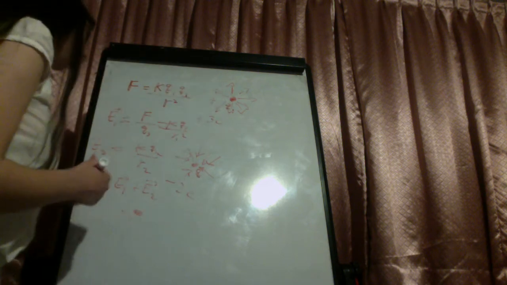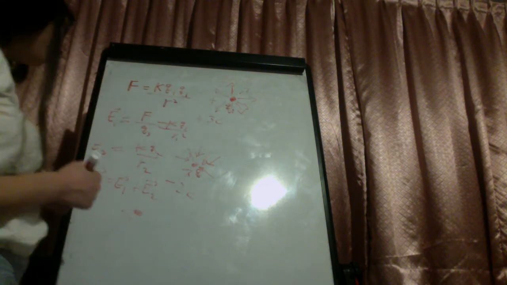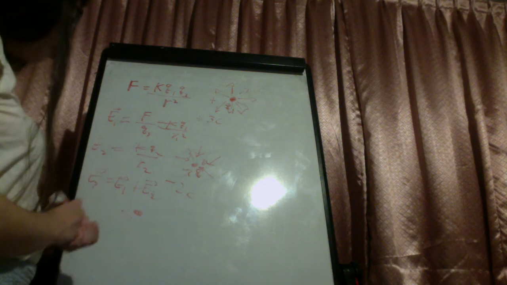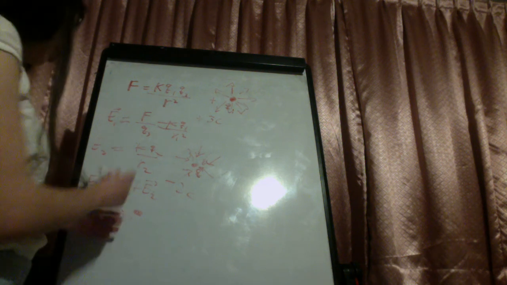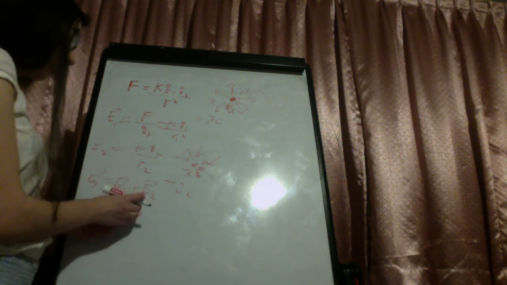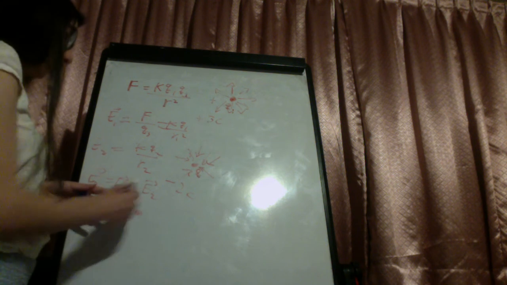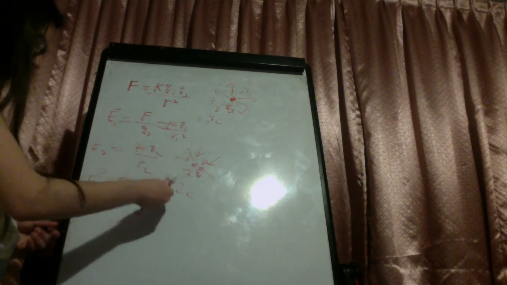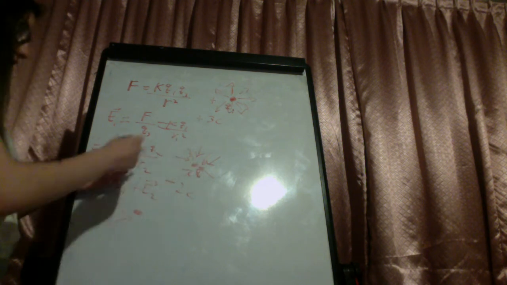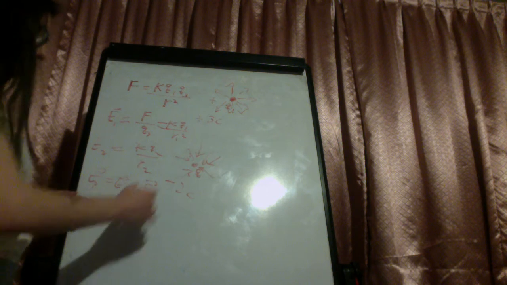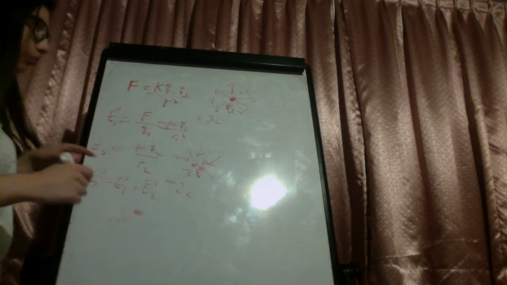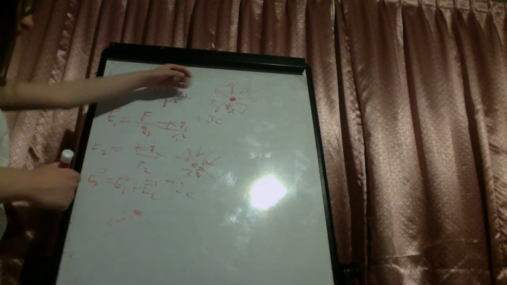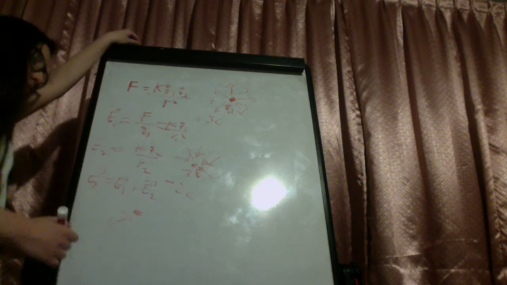But if we are talking about a small distance, like for example this, there is a point in which this charge would not be moving, because it tends to move in this direction because of the repulsion here, but it tends to be attracted to this one because of the difference of charges.